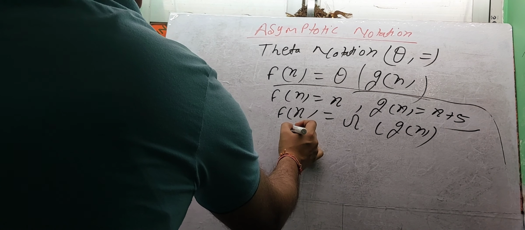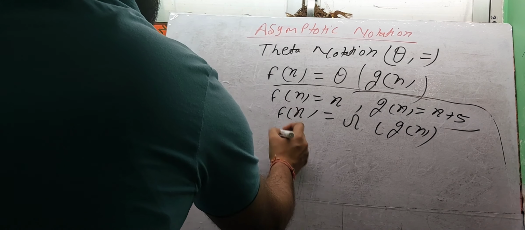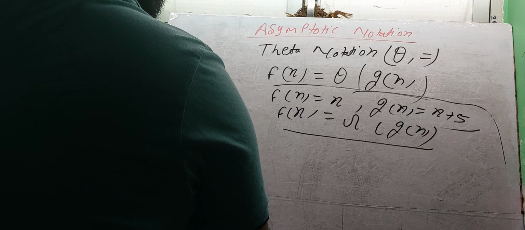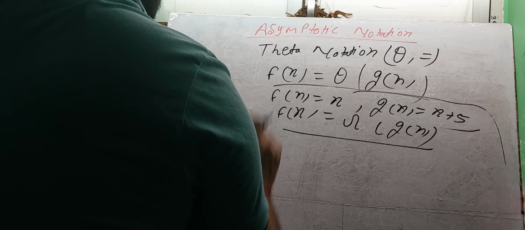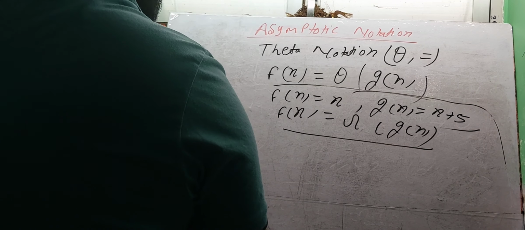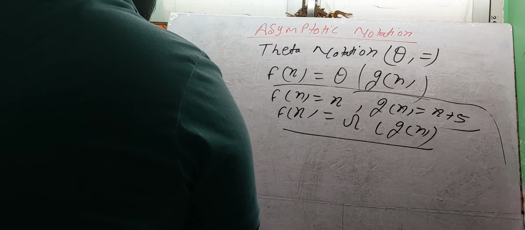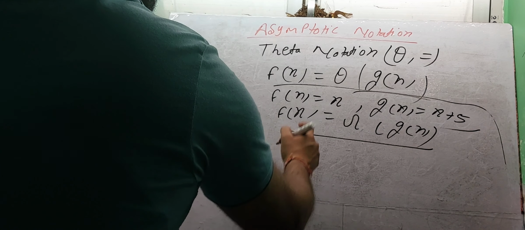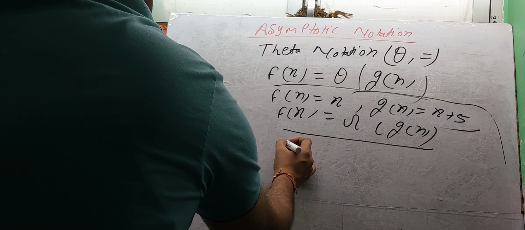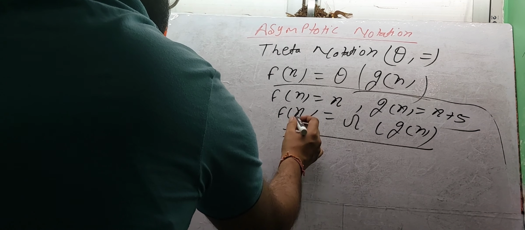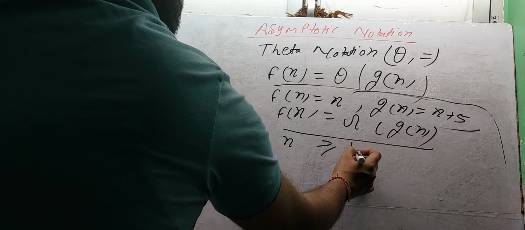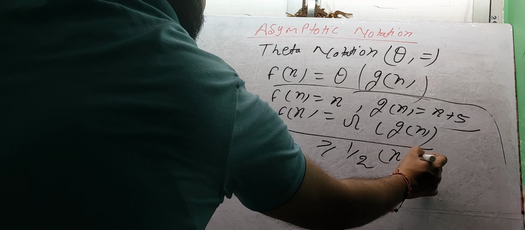If we want to prove it for omega, we need to prove that the left hand side is greater than the right hand side somehow by taking any constant c. Okay. Now take n on the left hand side, n is greater than or equal to 1 by 2 into n plus 5.